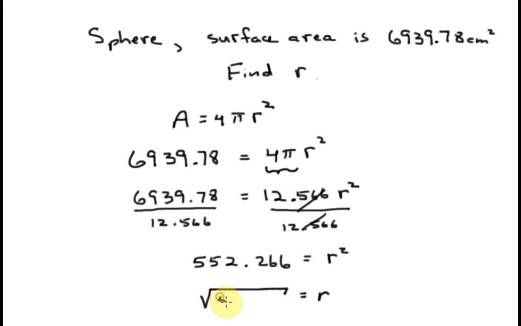So on my calculator, I'm going to put in the square root of 552.266. And when I did that, I got 23.5. And the units here, since everything was square centimeters, this length of the radius would be in centimeters.